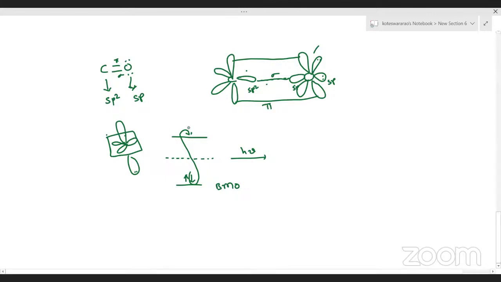That means the electron may be excited in two ways. The first way, suppose it changes its spin, inverts its spin, that is called inversion of spin. One of the electrons has this spin. It is a retention of spin. This is called inversion of spin.